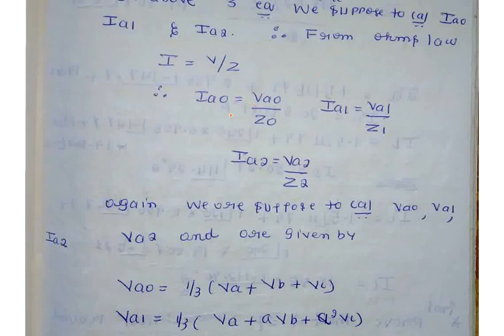If I know VA0, VA1, VA2, that is the sequence components, and Z we know, then I can get IA0, IA1, IA2. If I get IA0, IA1, IA2, I will get IA, IB, IC. It is a reverse operation. So try to find VA0, VA1 and VA2.